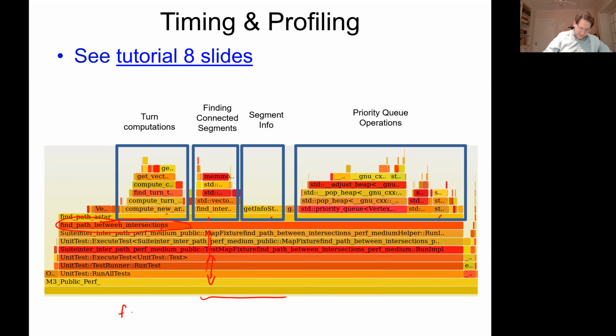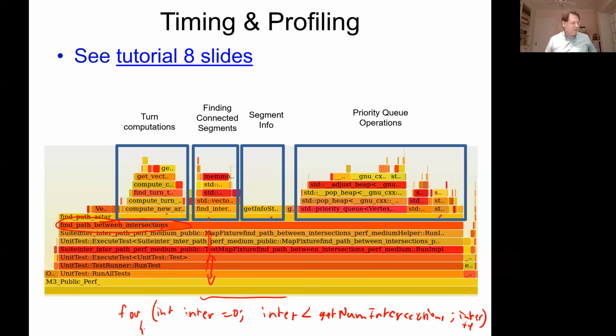If you have a loop like this: for int inter equals 0, inter less than get num intersections, inter plus plus, and then I do something. So in this loop, I'm going to go off and do something. I just made up a random loop here that's going to go over all intersections. Is there anything I can do to speed up this code?